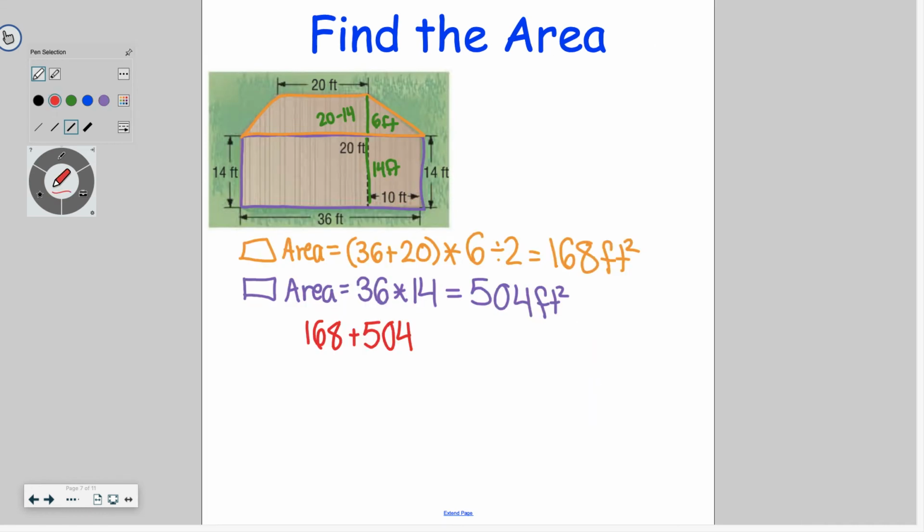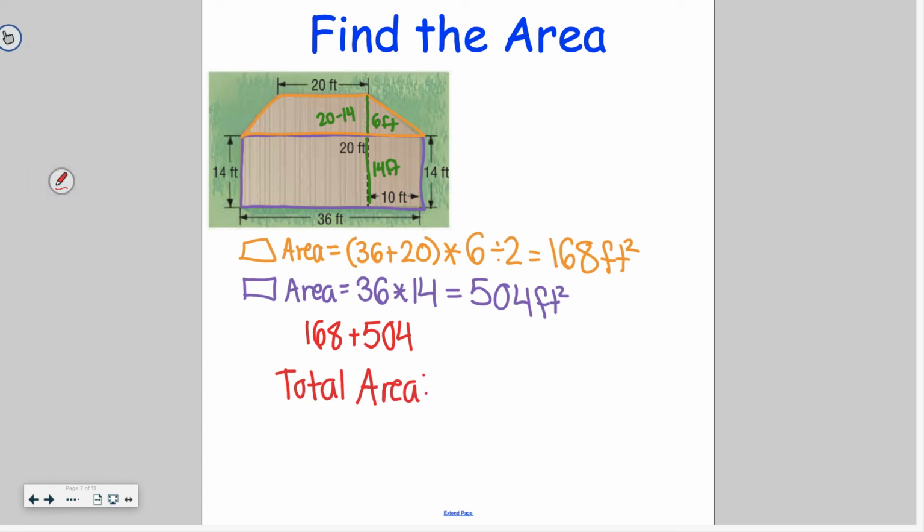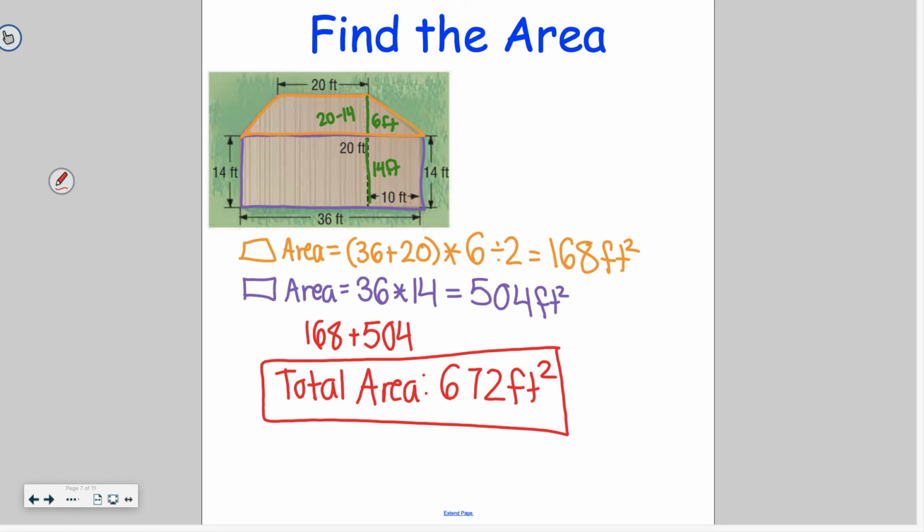And I'm going to then find that my total area for this shape is going to be 672 feet squared. So that's going to be my total area for this shape.